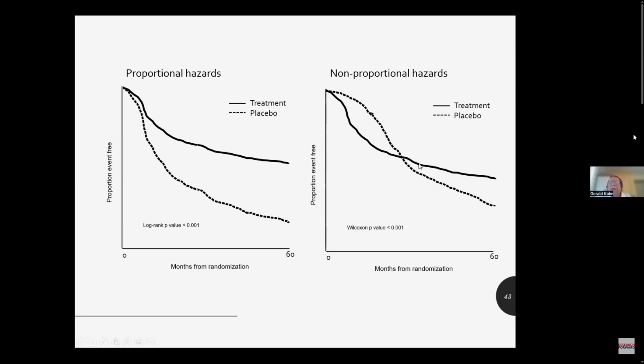If the lines cross like this, then we have non-proportional hazards. That is, the hazard rate is not the same over the time period that we're looking at for different groups. So you can see there's a lot of issues that we had to think about in doing the analysis.